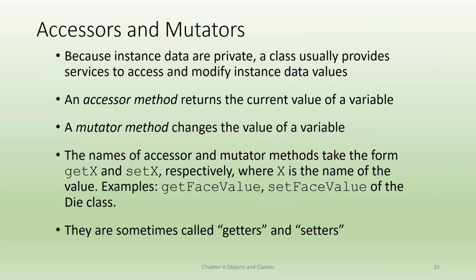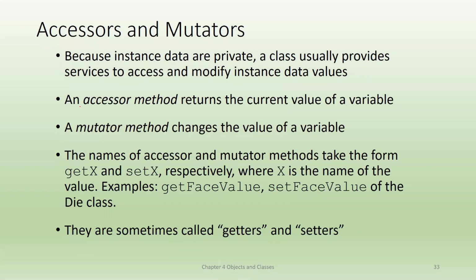Okay, accessors and mutators. We discussed this in the first class. I'm going to briefly discuss it, because I want to do another example. Because instance data are private, a class usually provides services to access and modify instance data values. Remember, because they are private, if you don't provide methods, there is no way the client can access or modify it.